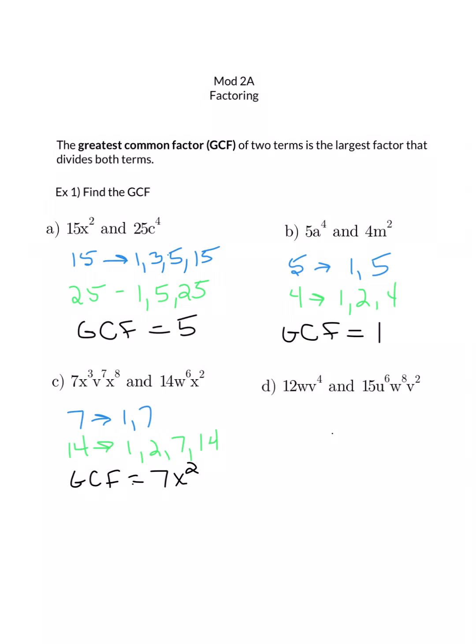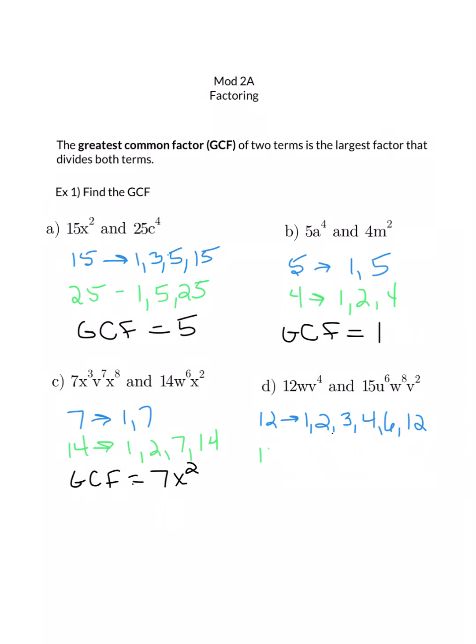On our last example for GCF, we have 12w to the fourth and 15u to the sixth w to the eighth v squared. Let's start by looking at the numbers. For 12, the factors are 1, 2, 3, 4, 6, and 12.